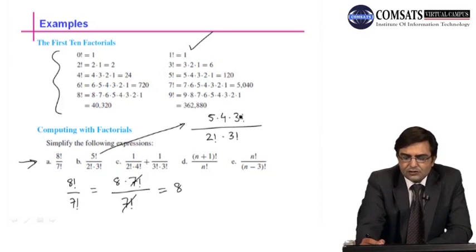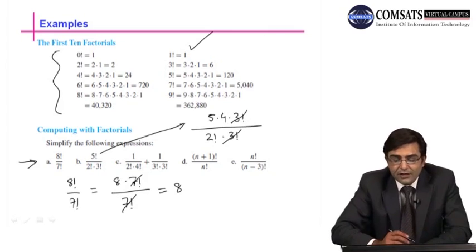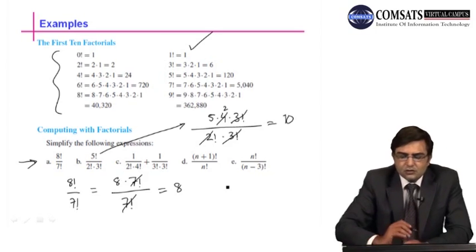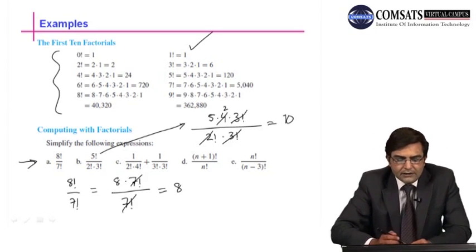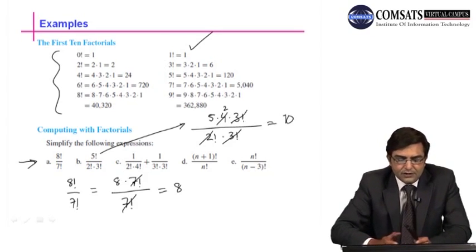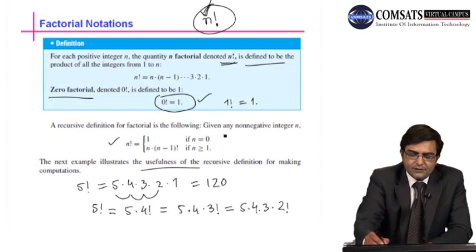I have stopped at 3 factorial because 3 factorial is greater and 2 factorial is smaller, and if I simplify the greater factorial of a number, it will simplify our calculations. 2 factorial is 2, and 2 4s are 8... 2 2s are 4 and 5 2s are 10. So we can simplify the expressions which involve factorials by using this recursive definition of the factorial.